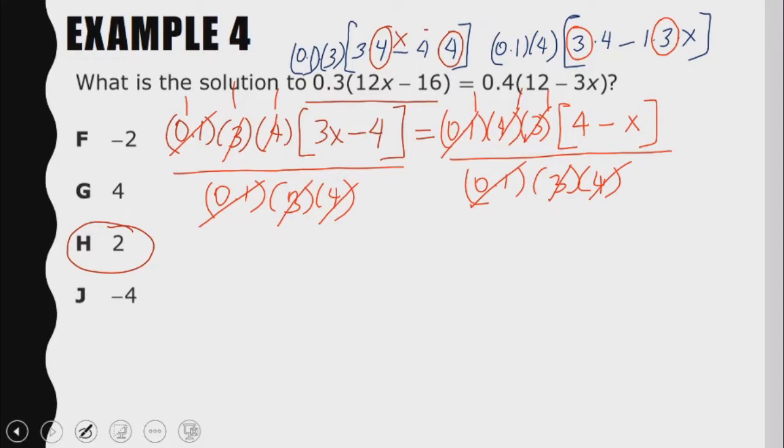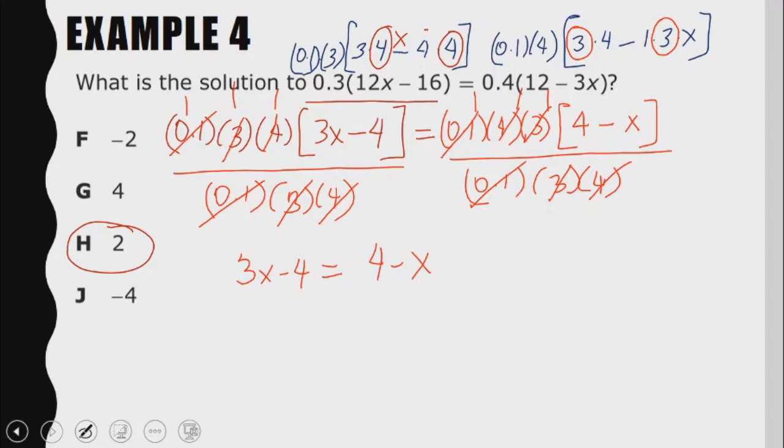So at the end of the day, this linear equation that looks very complicated reduces to 3x minus 4 equals 4 minus x. And you can agree with me that this is much easier than what we were given initially.